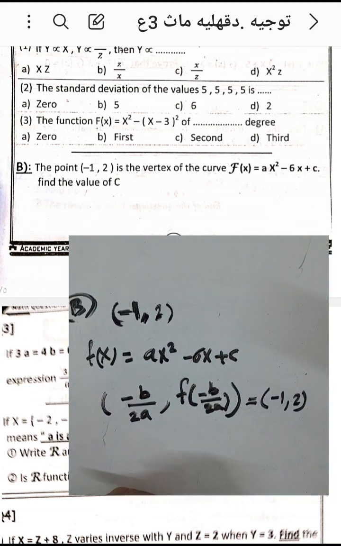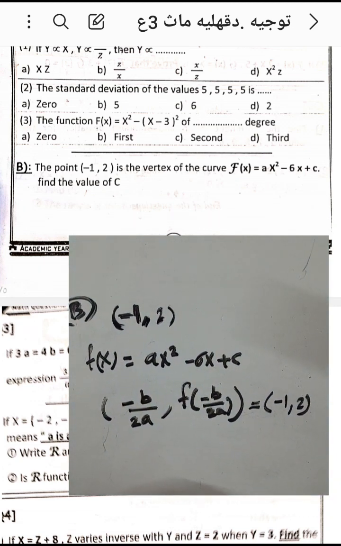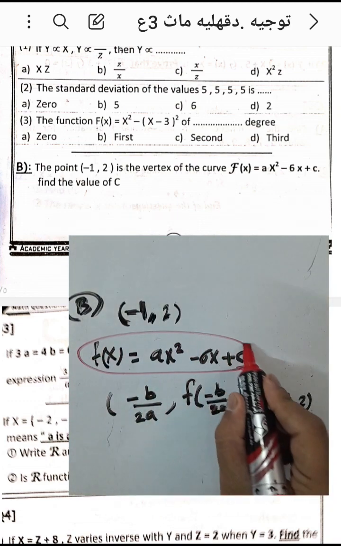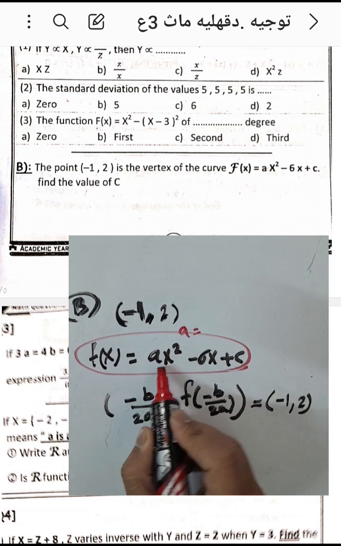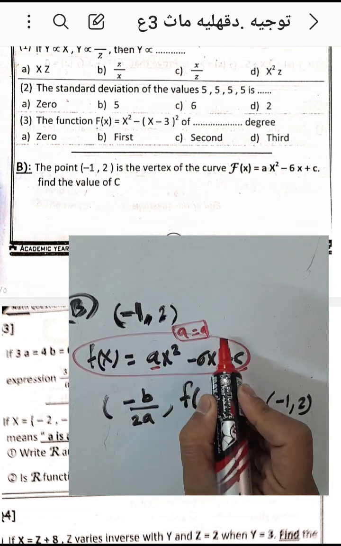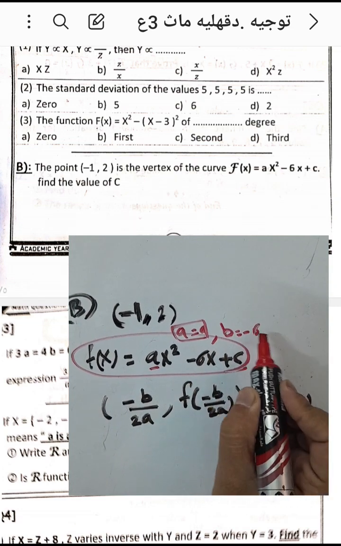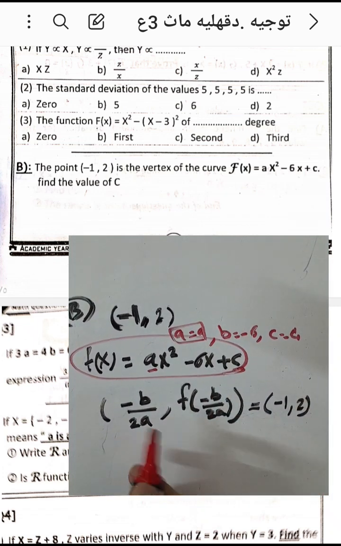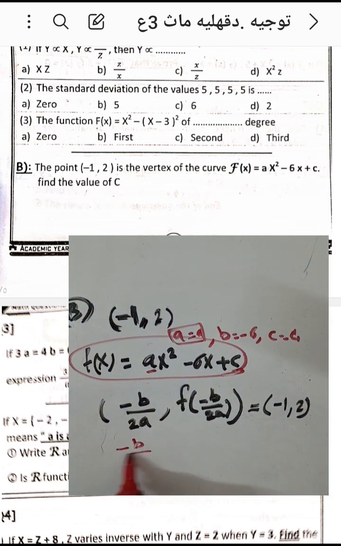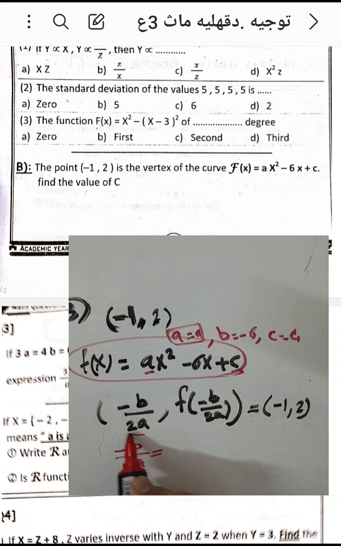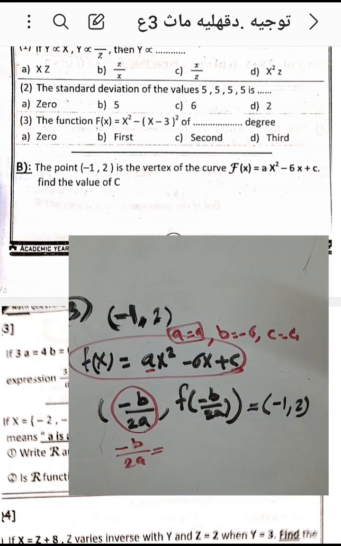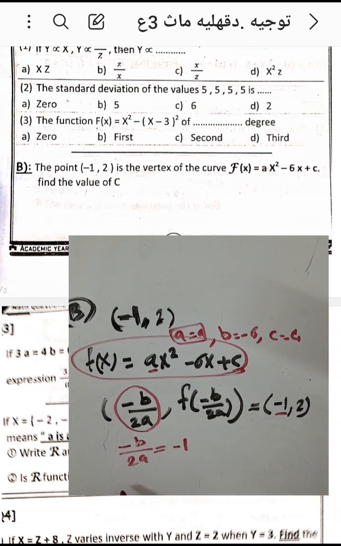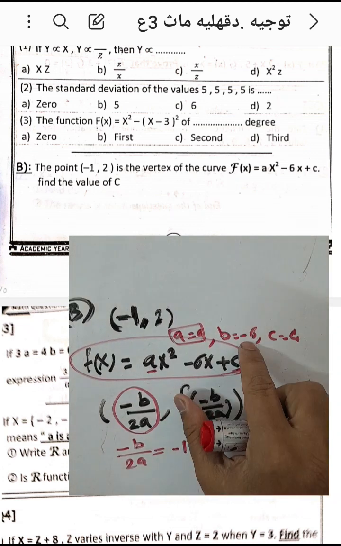In this example, we have a and b and c. A equals a, it's constant, and b was negative 6, and c will be c. Then negative b over 2a, the first coordinate here, will be negative 1. Then we can substitute b here with negative 6.